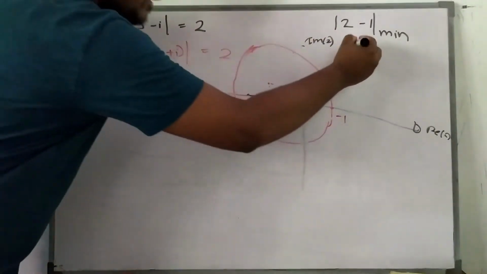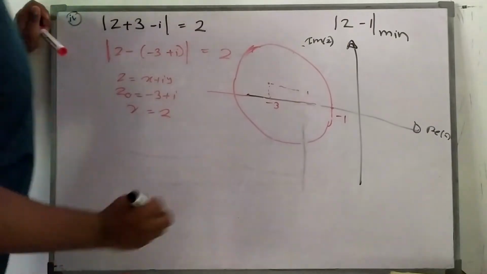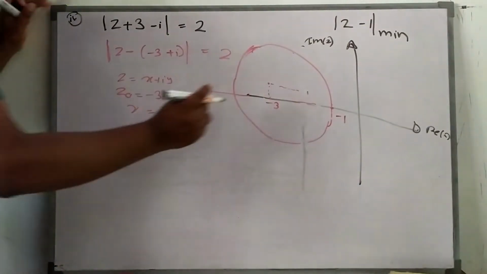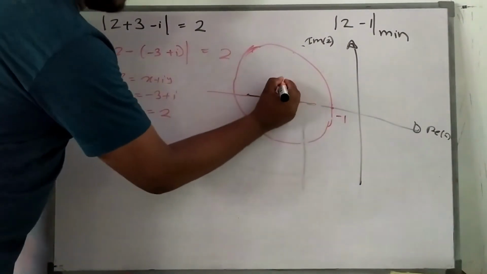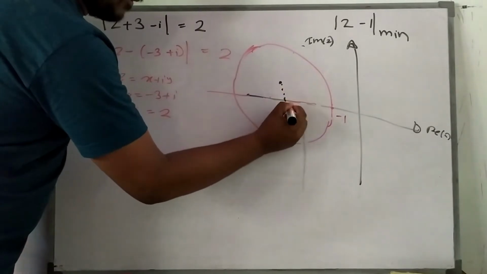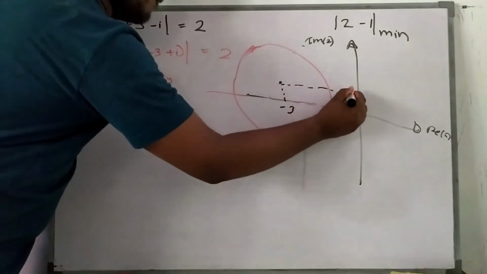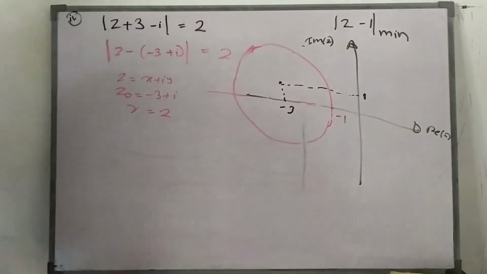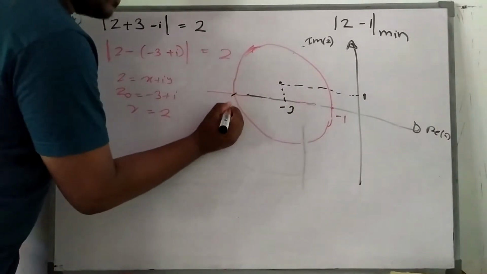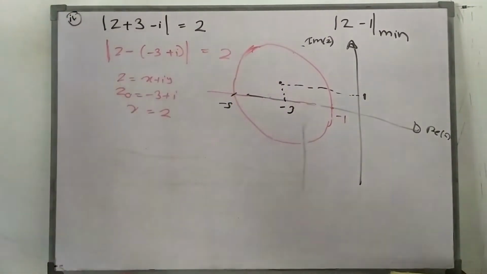Then my axis is over here. Minus 3 plus 1, this is minus 1 and also this is minus 5. Okay, so this is my diagram of the locus of modulus of z plus 3 minus i equals 2. This is a circle, right?